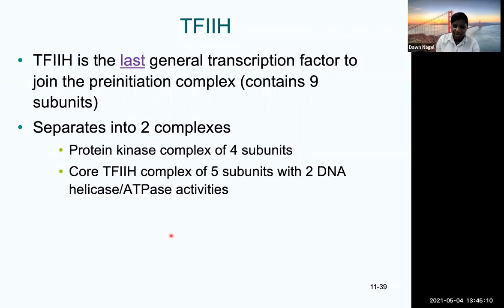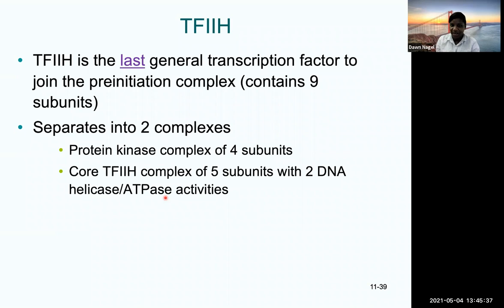One is a protein kinase complex of 4 subunits. You remember kinases are involved in phosphorylation, so it has the ability to phosphorylate. The other is a complex containing 5 subunits, 2 of which are DNA helicases with ATPase activity. Helicases help to unwind the DNA.